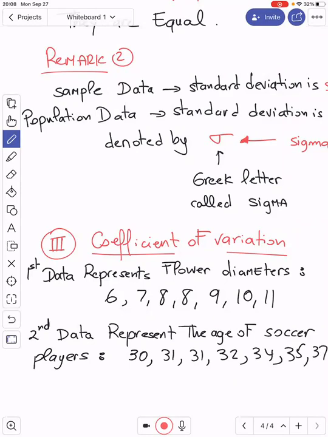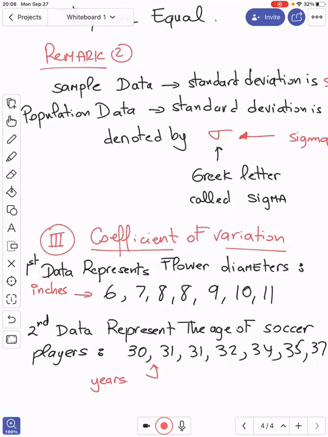Anyway, in the first data sample the units are inches, and here the units, of course, are years. So we are using two different units, and that's a problem.